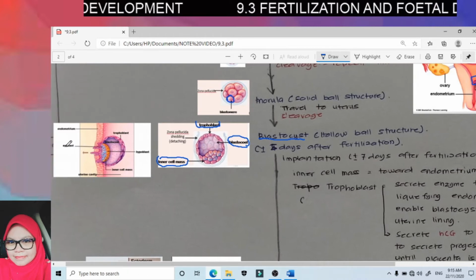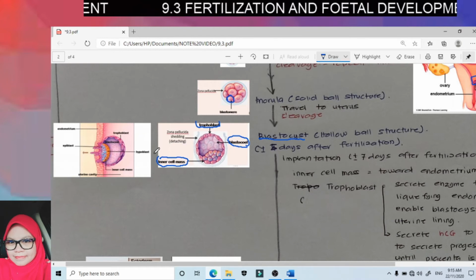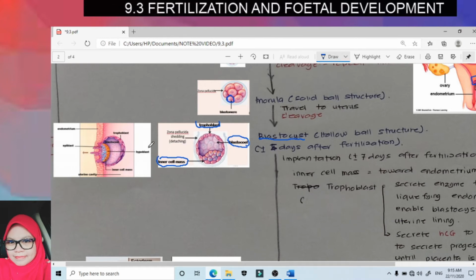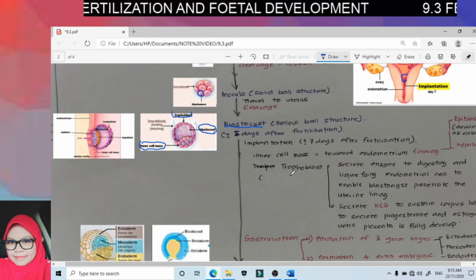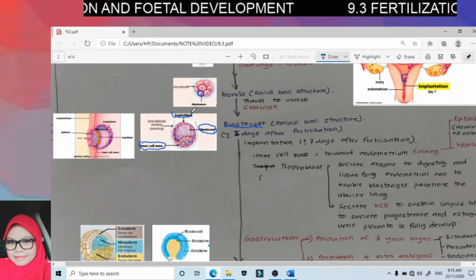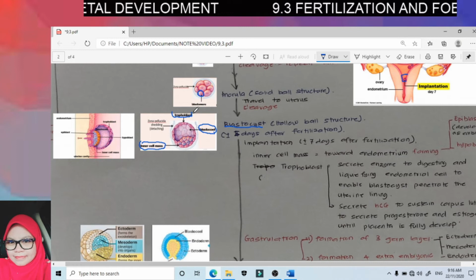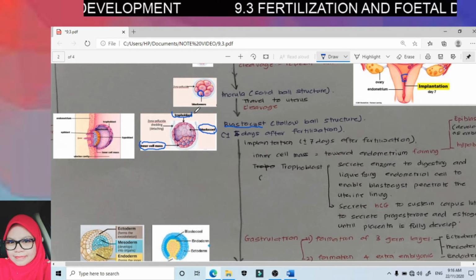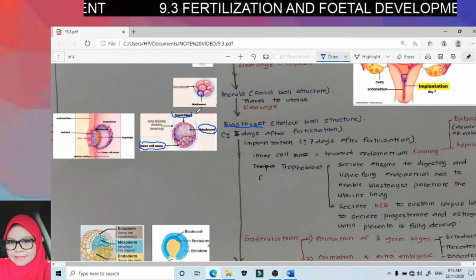Okay, here is the epiblast structure. And then this is the hypoblast structure. Then the trophoblast. The structure of the trophoblast will secrete enzyme to digest the liquefying endometrium cell to enable the blastocyst to penetrate the uterine lining.